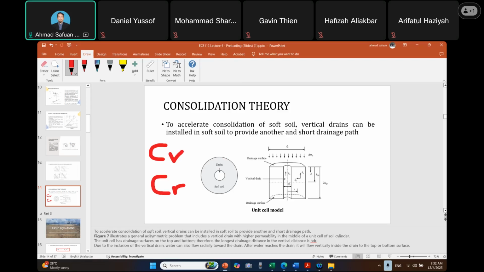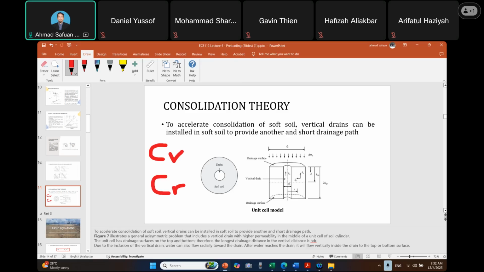To accelerate the consolidation of soil, vertical drains can be installed in soft soil to provide another, shorter drainage path. So this is to show how the vertical drain works. The unit cell has a drainage surface on the top and bottom.